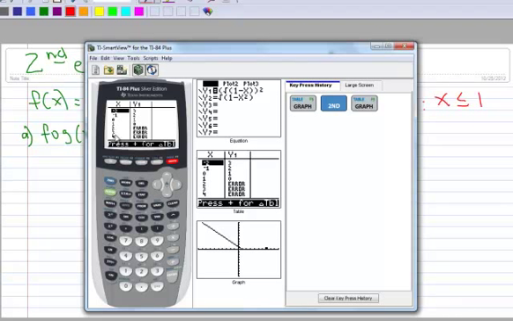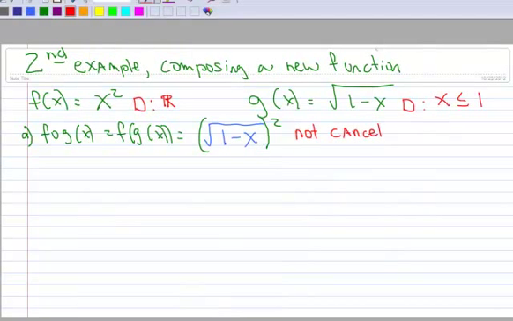But when we put in x values greater than 1, we don't get an output. So there's an error there. The function is not valid there. But when we put in values less than 1, we get out an output. So the domain of this one is x has to be less than or equal to 1 with this composition.